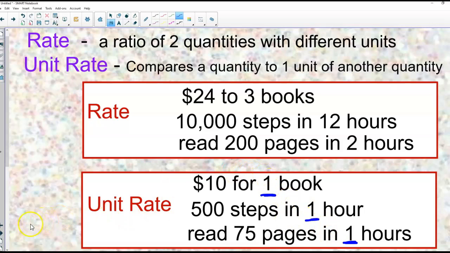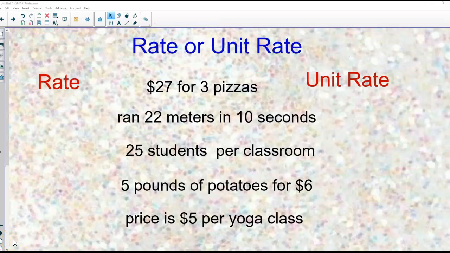Okay, so let's look at some of this in a little more detail here. Our focus right now is we need to figure out if some of these examples I've listed are rates or a unit rate. So remember, a unit rate means that one of our units has to be 1. Unit means 1. So I'll put that 1 up there as a little reminder for now. So let's read some of these situations and we're going to move it to where it needs to be.